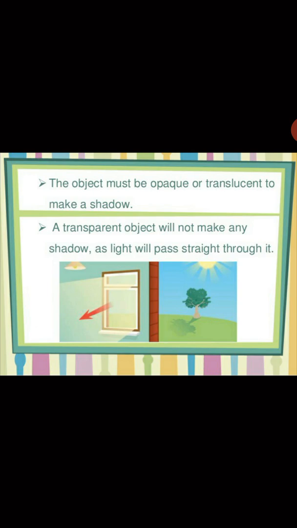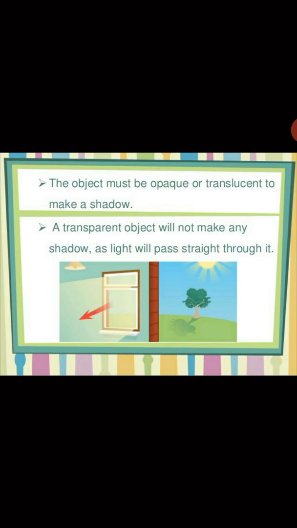As you can see in this image, it's a transparent glass window. So here, why are transparent glass windows fitted in the houses? Because during daytime, light can pass through that transparent glass and it can enter the house.